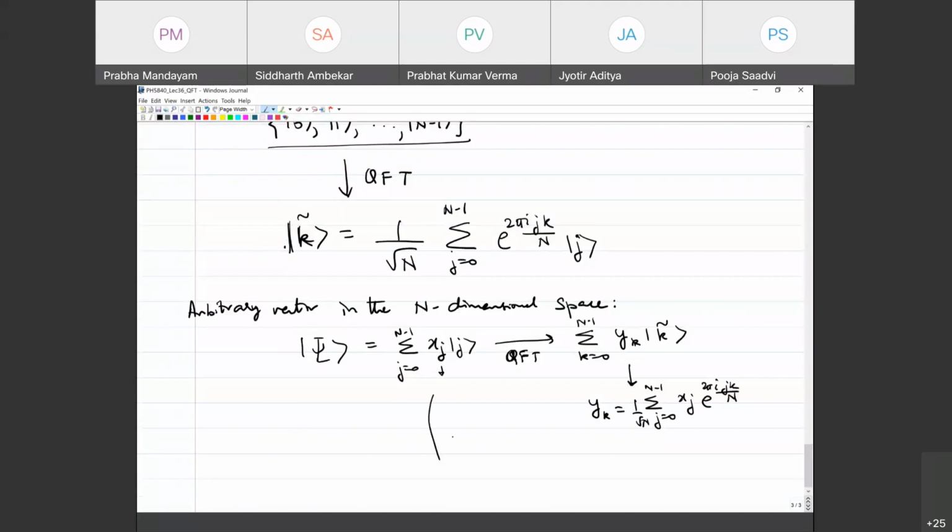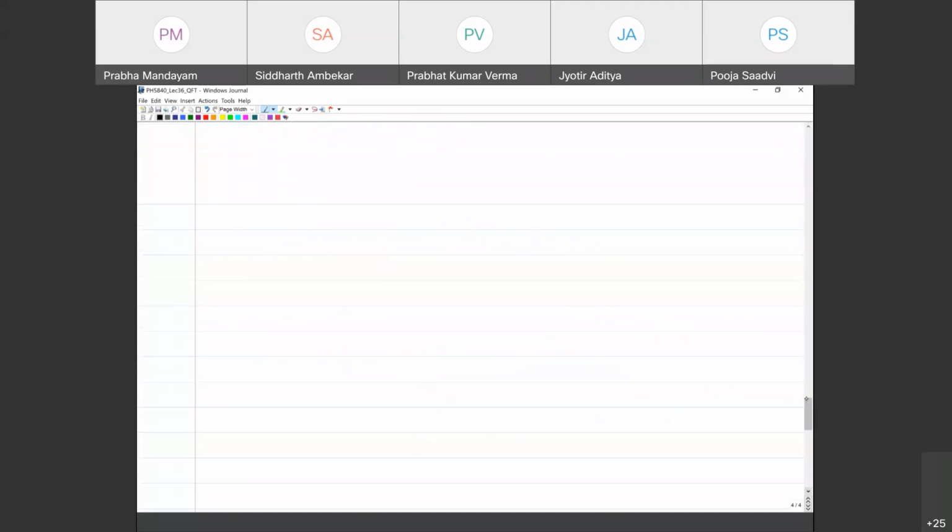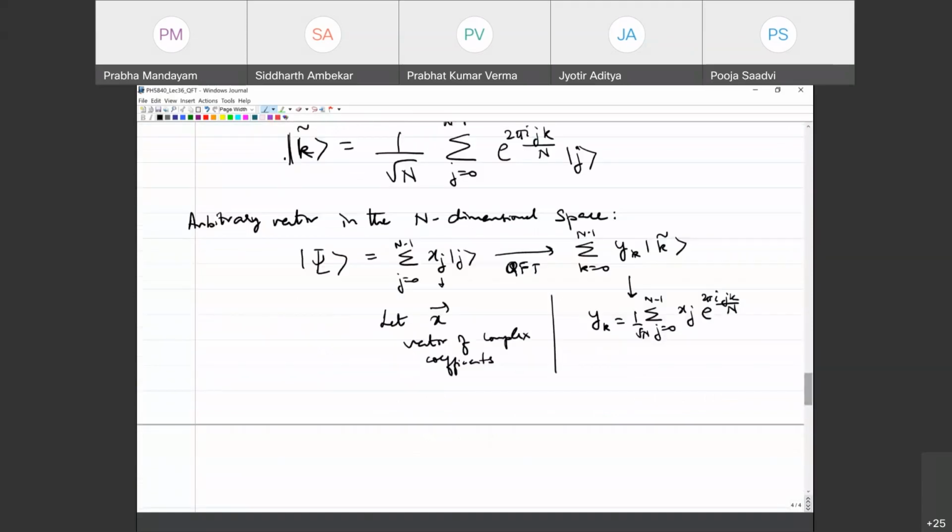If I say that x is this vector of coefficients, then what the QFT does is it takes you to another vector of coefficients, where y is obtained by doing the discrete Fourier transform of x. So this is nothing but the DFT, and this is the precise statement. I hope this idea is clear.